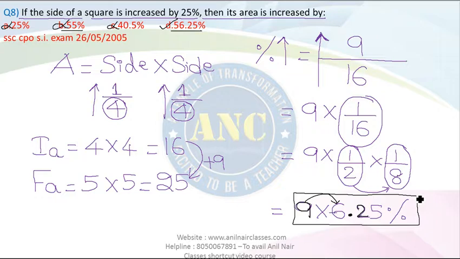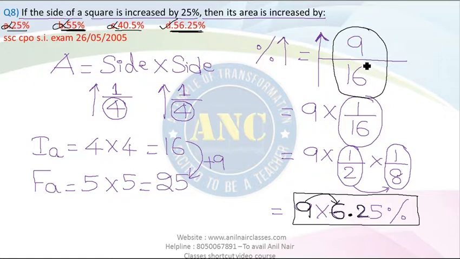What I very clearly understood is 9 into 6 is 54. That means the answer should be greater than 54. So the first and third options are ruled out. Now I have two more options left. One of them is 55, which is a whole number. Another one is 56.25, which is a decimal number. 9 by 16 is not perfectly divisible.